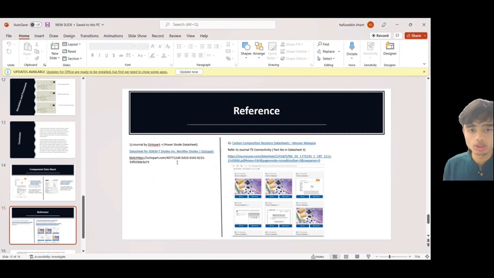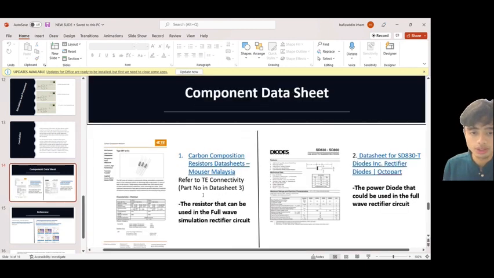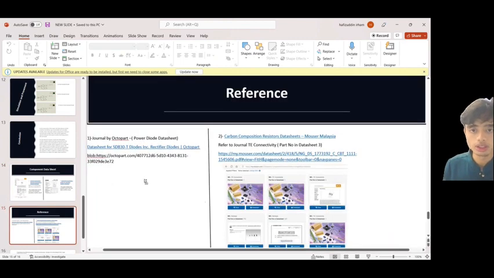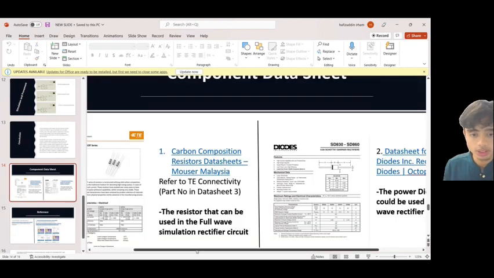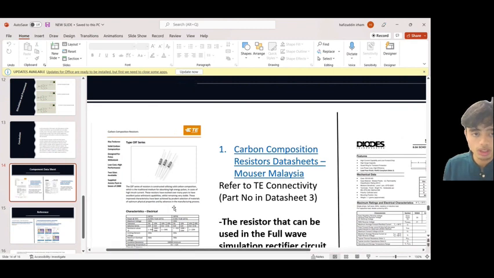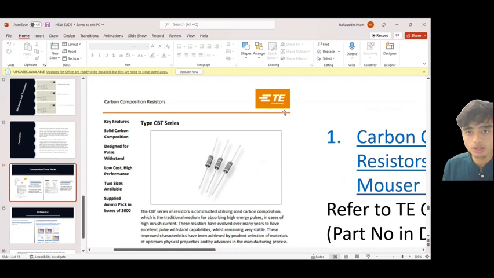So we also included a few component datasheets, like for the capacitor that can be used in the rectifier circuit. For example, this datasheet that was obtained from TE Connectivity production.